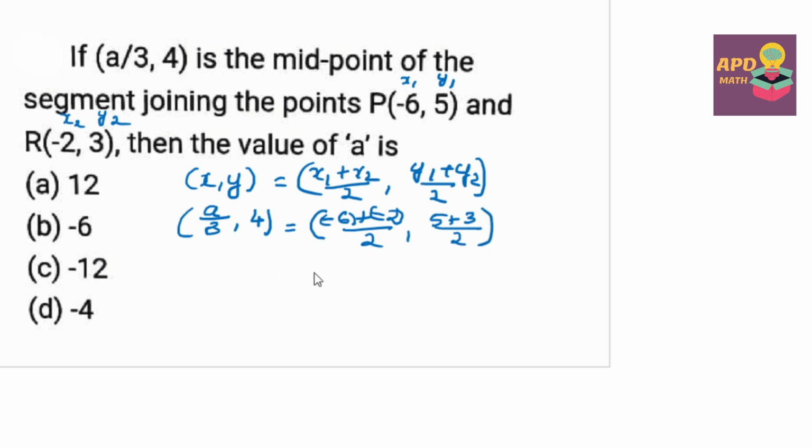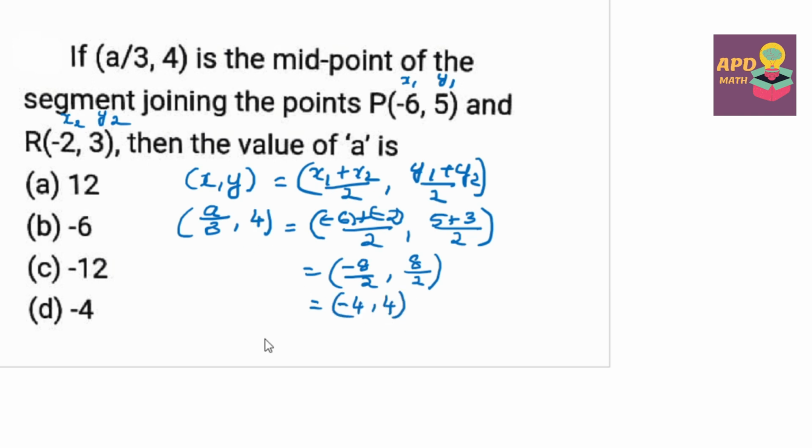That is equal to minus 6 plus minus 2 is minus 8, minus 8 by 2 comma 8 by 2. Then a by 3 comma 4 is equal to minus 8 by 2 comma 8 by 2. What is minus 8 by 2? That is minus 4 comma 4.